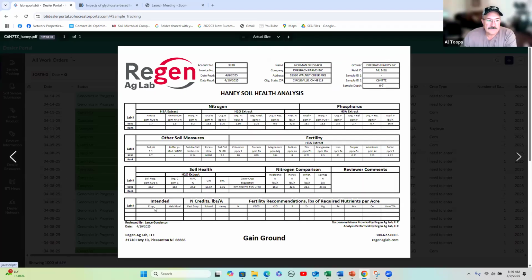So on your Haney test, there's also a carbon nitrogen ratio right here. Meaning that between those two carbon nitrogen ratios, and it's the same soil sample using a different extraction, you've got a major difference between carbon and nitrogen, and available organic carbon and organic nitrogen, compared to the other one, which was 11 to 1.